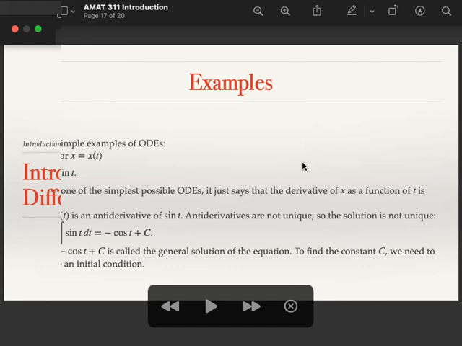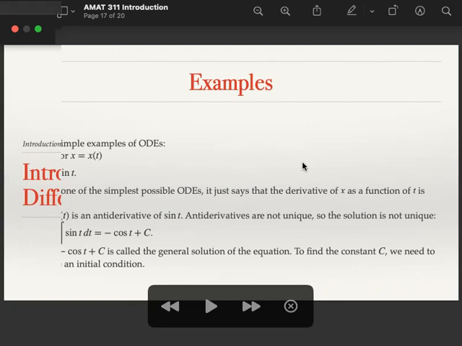So if the derivative of x is equal to sine t, then we can integrate both the left-hand side and the right-hand side, and they should still be equal. The integral of the derivative of x is x itself, and the integral of sine of t is minus cosine of t plus a constant.